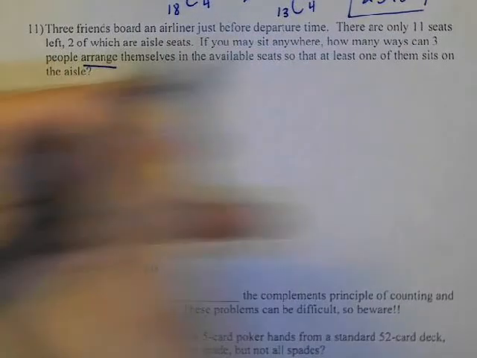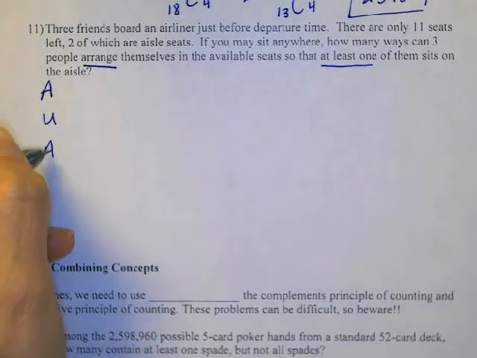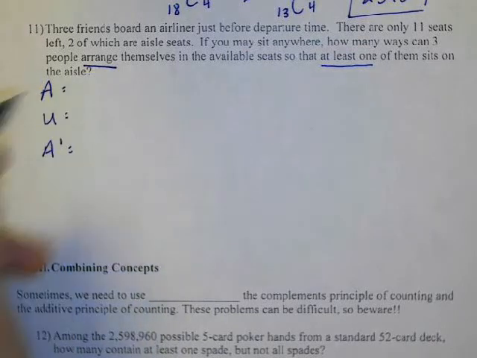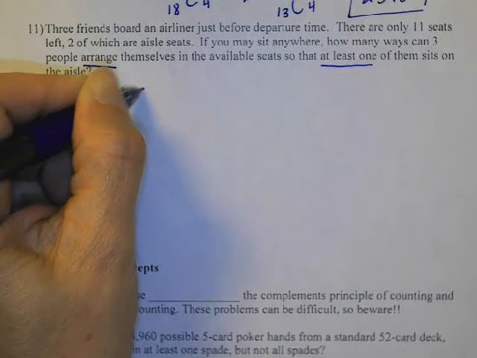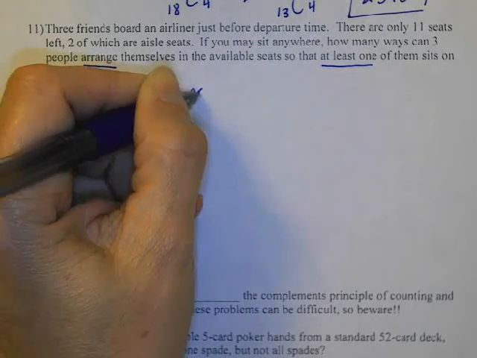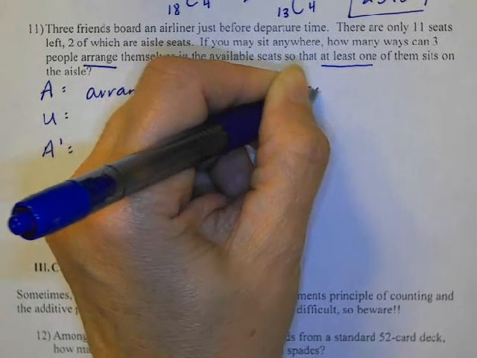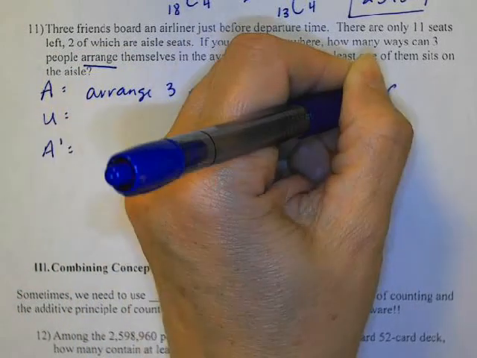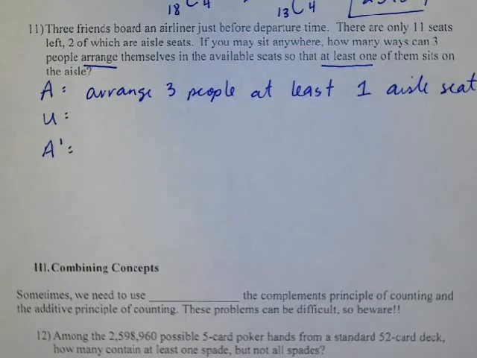We're going to talk about arrange, and we see at least one. So this is A, U, A prime. A is arrange 3 people, at least one aisle seat.